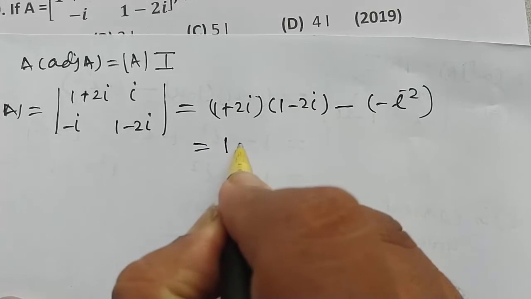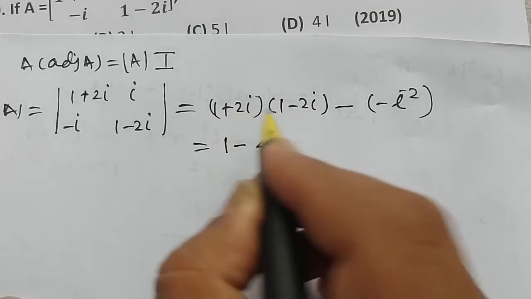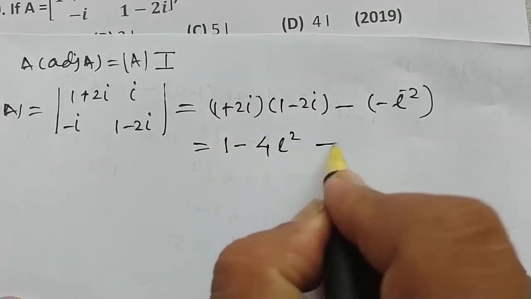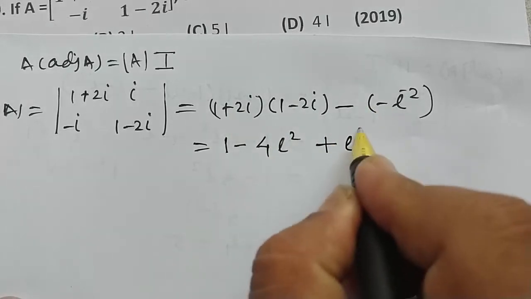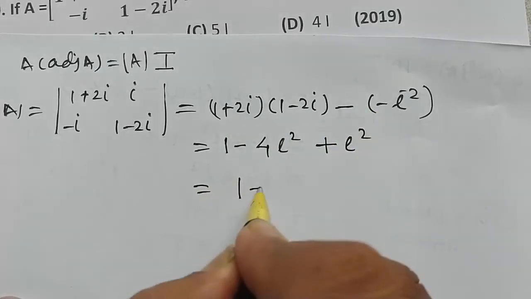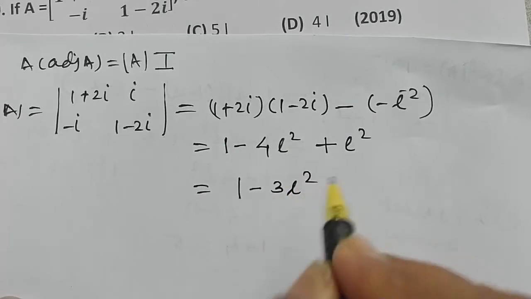So it is 1 minus 4, 2 into 2, 4, i square, minus minus become plus i square. So it is 1 minus 3i square.